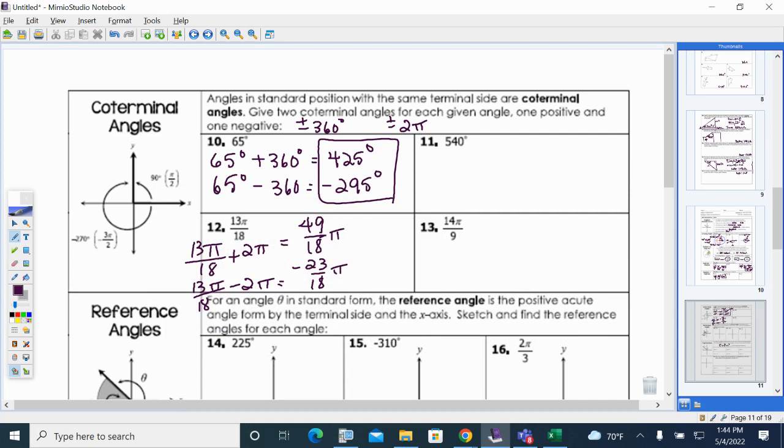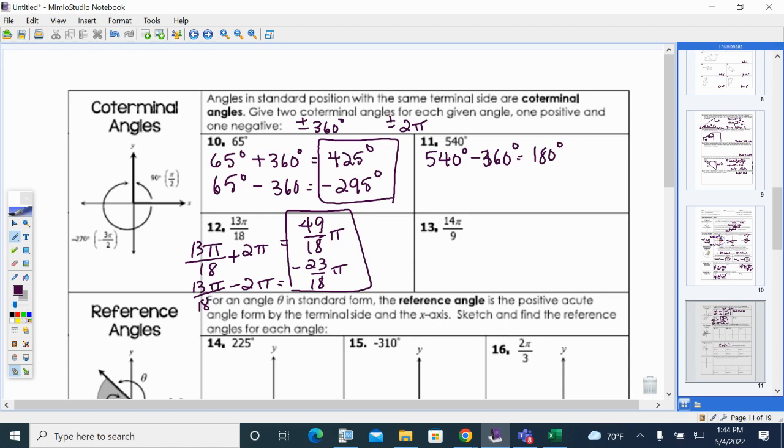I will say this, you may have to add or subtract multiple times in order to get one positive answer and one negative answer. If you look at number 11, if I take 540 degrees and I subtract the 360, 540 minus 360 is still a positive answer.